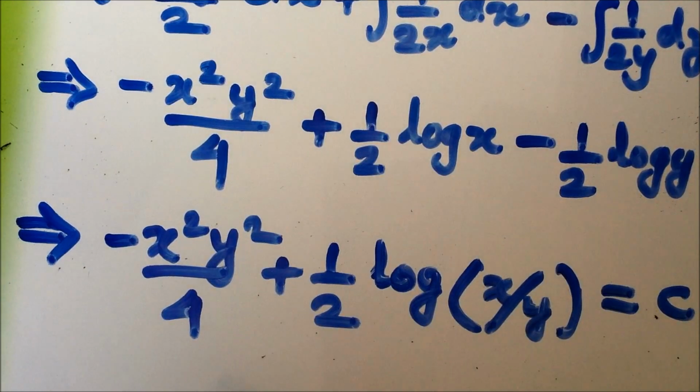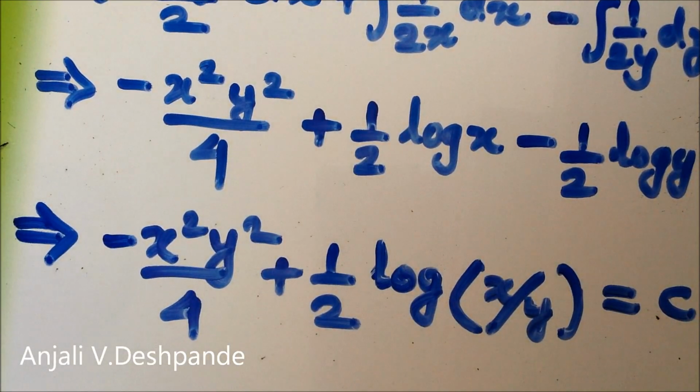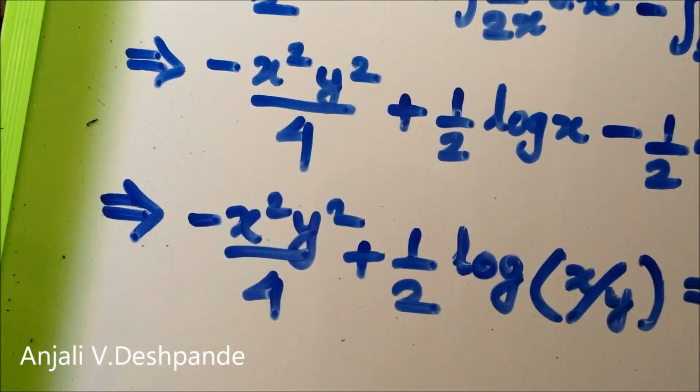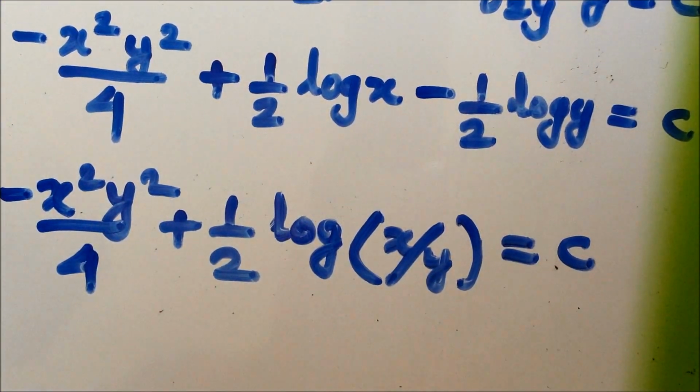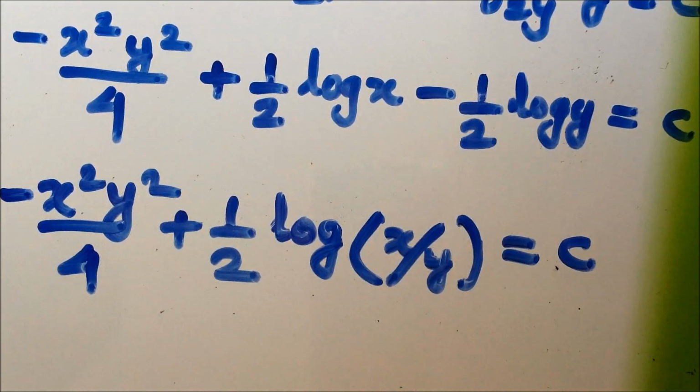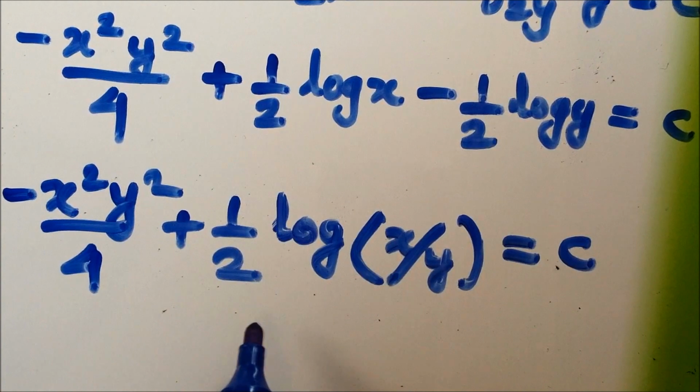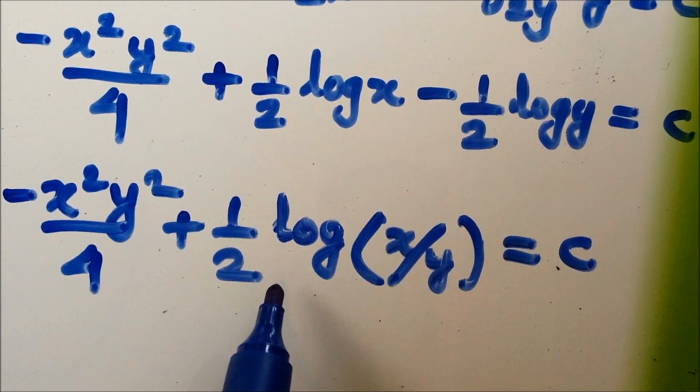So further on, if you want to simplify, you can simplify, or you can even leave the answer in this particular form. Usually it is a good practice to simplify the given answers so that the answer looks to be in a more presentable form. So there are some things that can be done over here also.